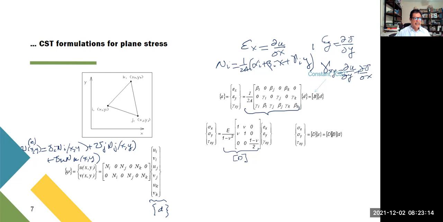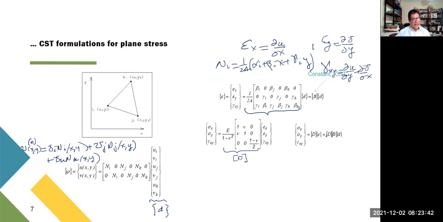So what we can do is simply multiply D times this vector, which is epsilon there. And this vector epsilon is equal to this matrix B times D. So this is a vector, 3 elements, 3 rows, 1 column, that's a vector.